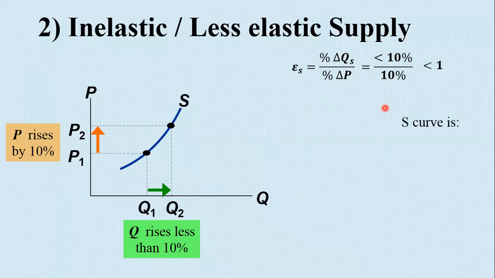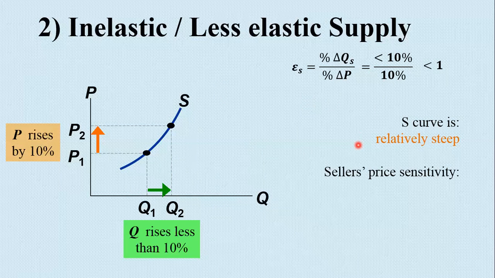How to express it? Why is that so? Supply curve is relatively steep, ऊपर की तरफ है, steepest है, ठीक है, relatively steep. And seller's price sensitivity is relatively low because larger change वो करता है price में तो it is happening or causing a smaller change in quantity supply.